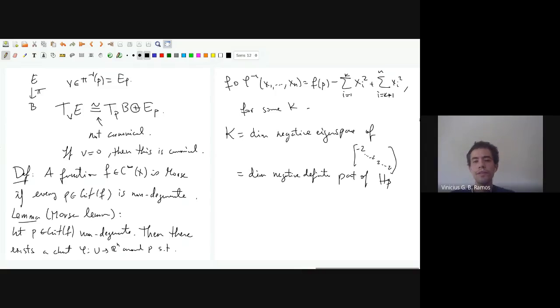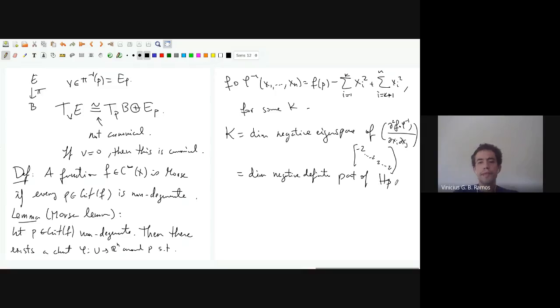So it has a negative definite part, and you can think of it as a sum of a negative definite part with a positive definite part. Because it's non-degenerate, the two dimensions add up to n. It's the same as the negative eigenspace of the second derivative. Even though this matrix is not well defined, the dimension of its negative eigenspace is. But it's probably easier to look at symmetric bilinear forms.